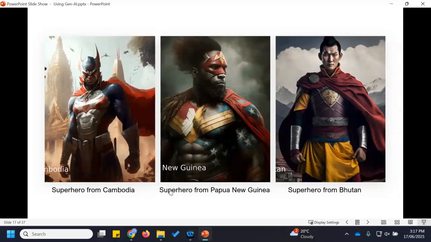Yeah, American flag, definitely. So they're all very American looking, as in the iconography that's included in the uniform or the costume. Yeah, they all look like those superheroes that are the main superheroes we know about, right? So a lot of them, I think all of them, don't include the correct colors. Bhutan isn't even wearing clothing from Bhutan. I think it was from Thailand.